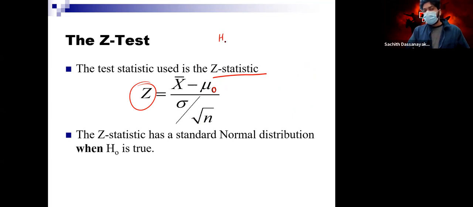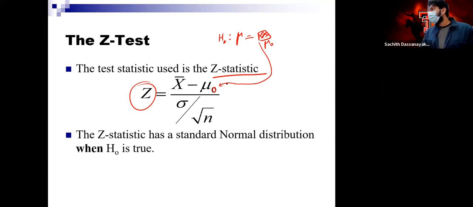If you remember your null hypothesis, we consider mu equals a value. So this value is my mu naught. You have to replace this mu naught with your null hypothesis value, so that you can simply get that value to calculate this Z statistic.